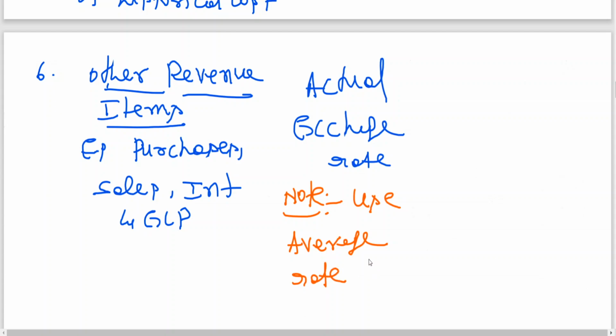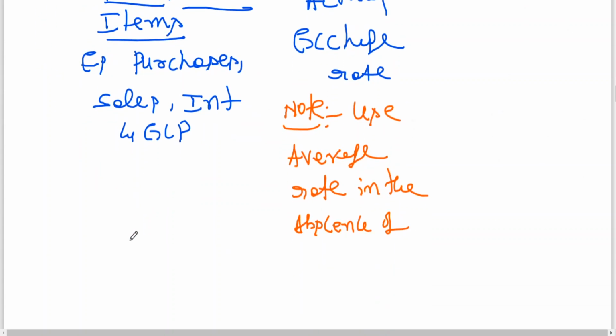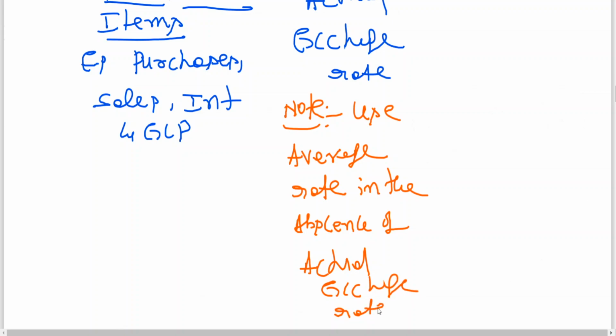For the first time you are having average rate, in the absence of actual exchange rate. Okay.